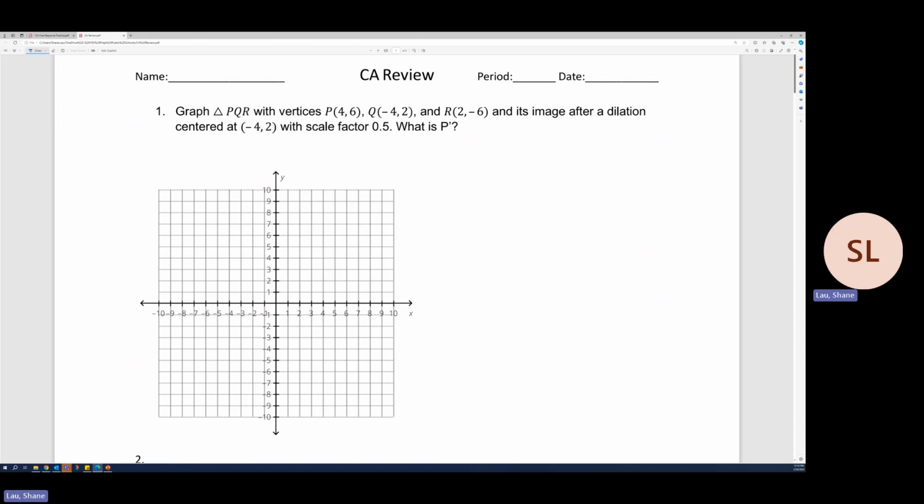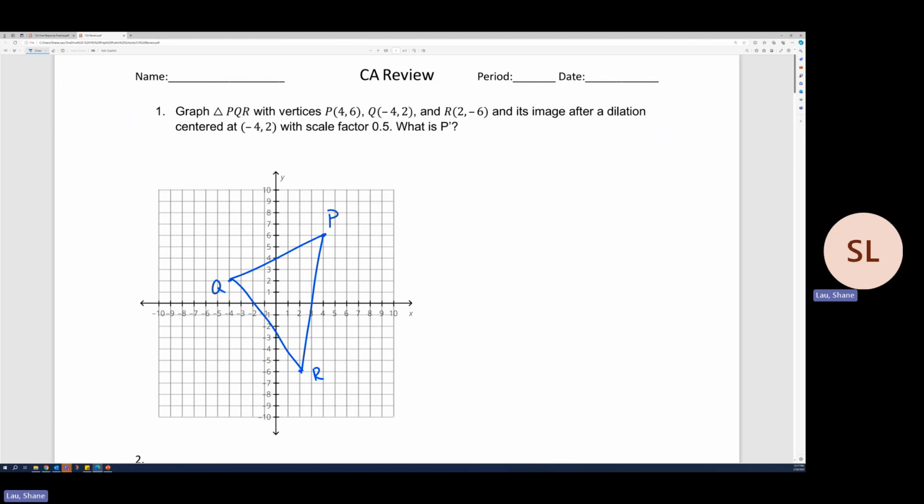So (4, 6) is P, (-4, 2) is Q, and (2, -6) is R. Connect those points as nicely and neatly as you possibly can. This is the triangle we're working with.